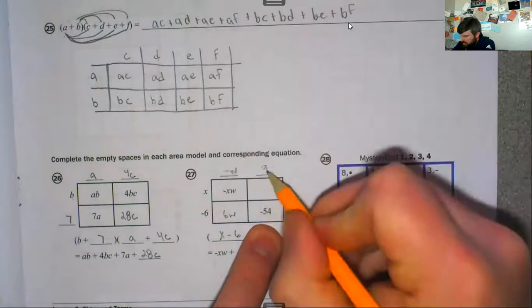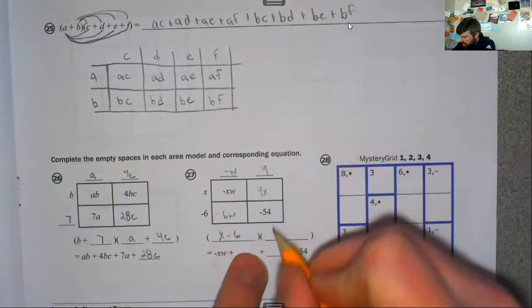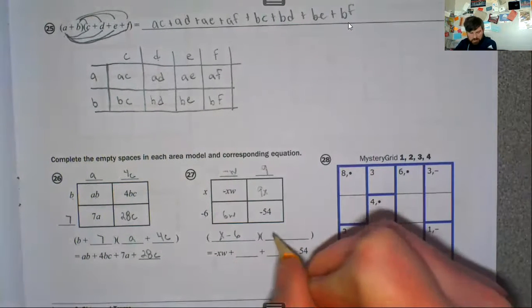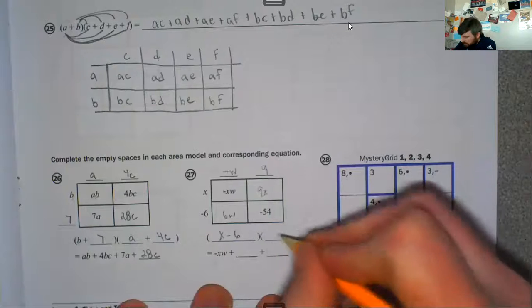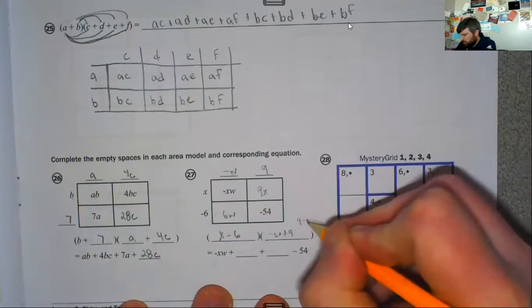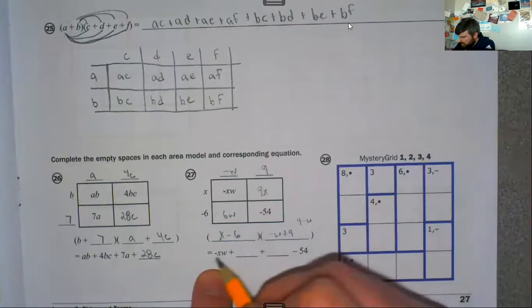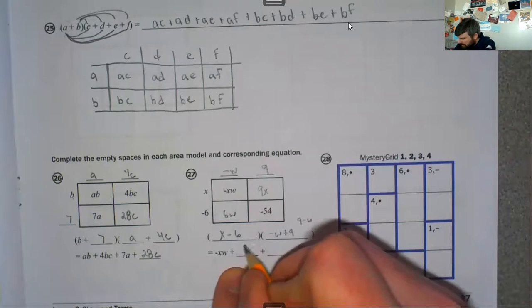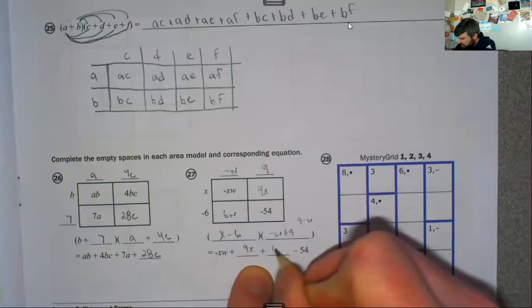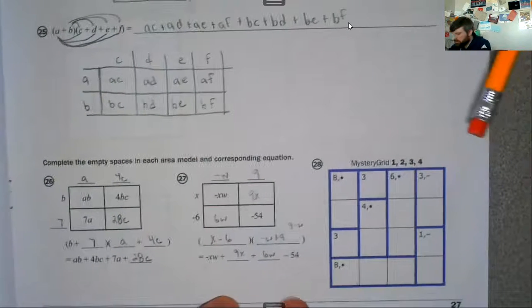Okay, and then here you have 9 times X is 9X. So you could put negative W plus 9, or you could have put 9 minus W. Doesn't matter, either way you want. So you have negative XW, 9X, 6W, negative 54.